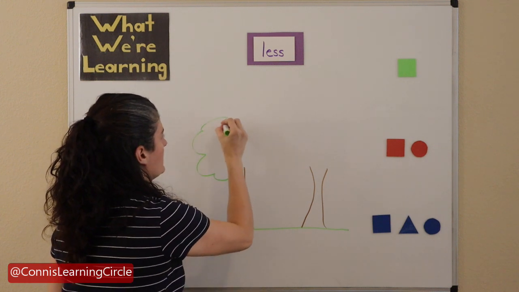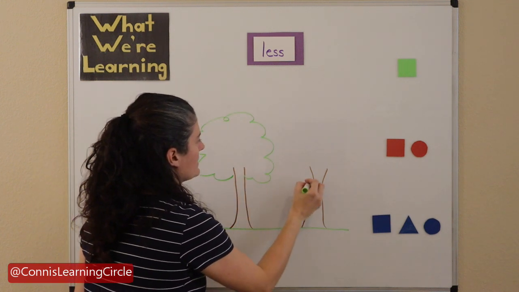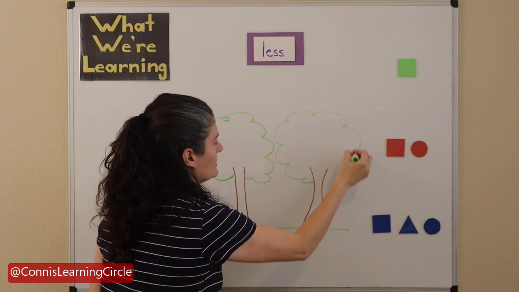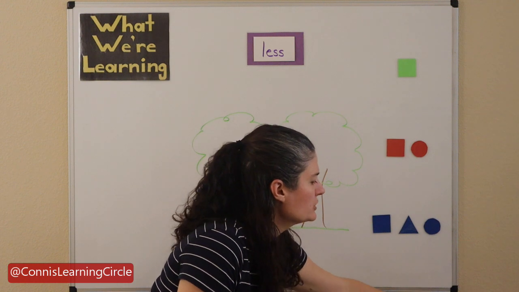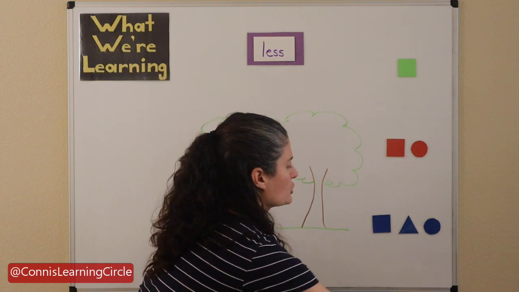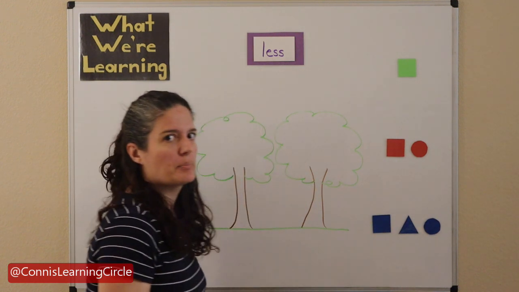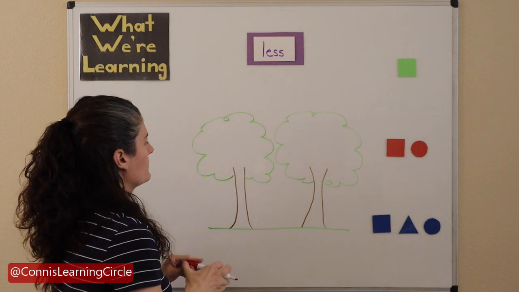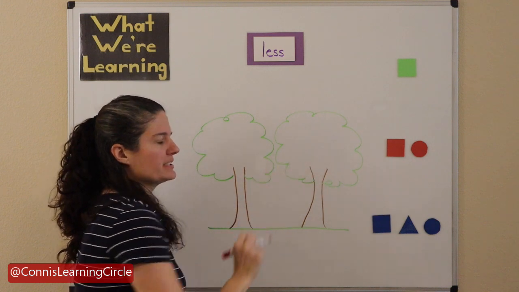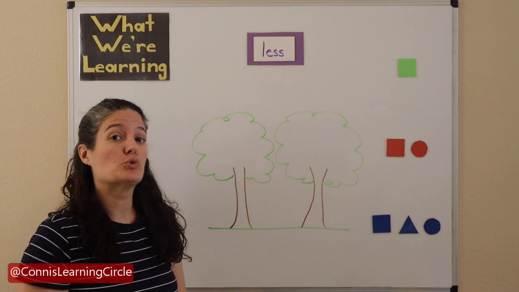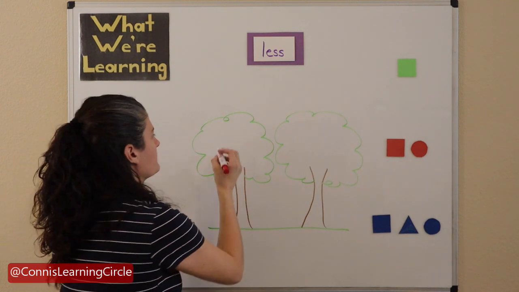Give them some green leaves. And I think we should make our trees apple trees. What do you think? Okay, so I'm going to draw some apples on this tree, some apples on this tree, and then we are going to compare them together.